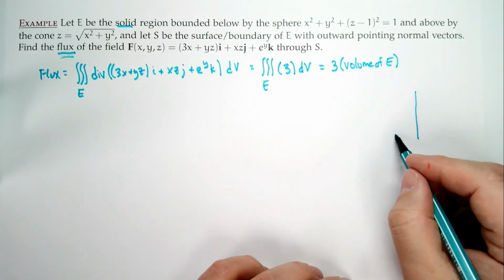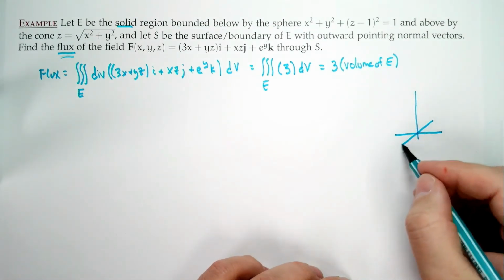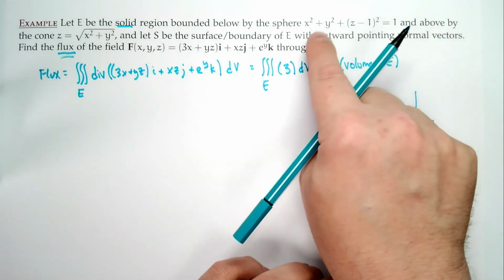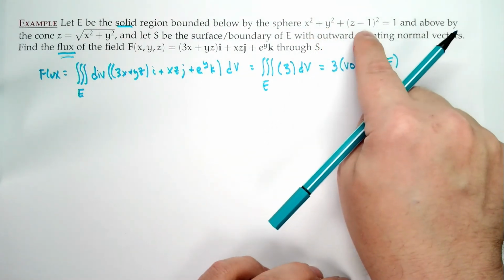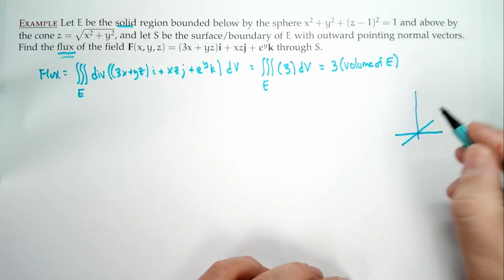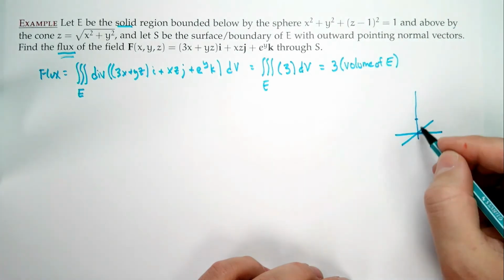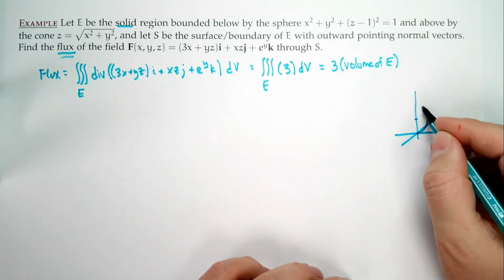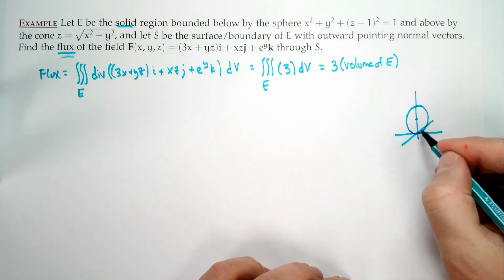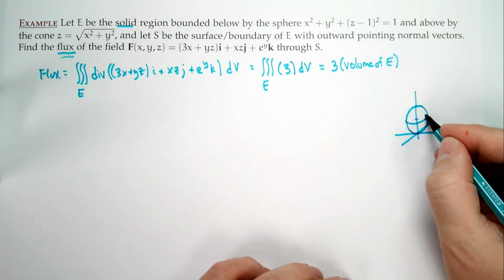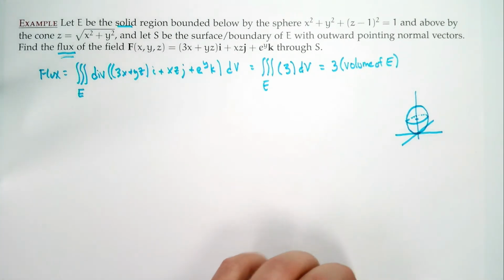So we have x squared plus y squared plus (z minus 1) squared. Now that tells us we have a sphere that's been shifted to (0, 0, 1), radius 1. So if here's (0, 0, 1), radius 1, it just is nestled right there on the xy plane. So there we go. There's our sphere on the xy plane.